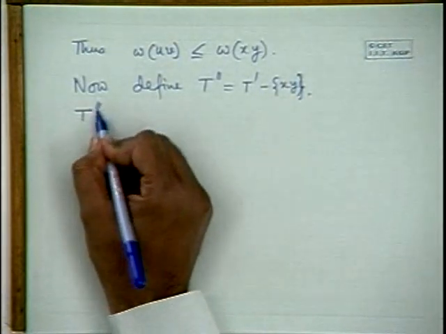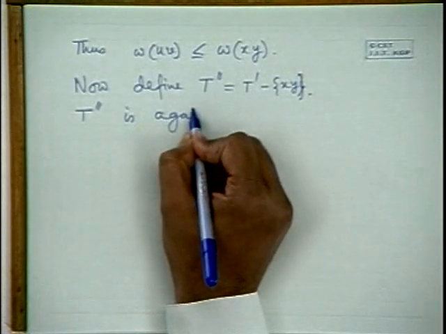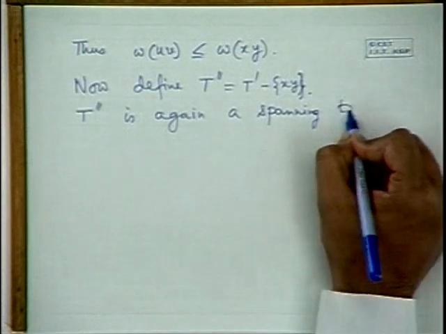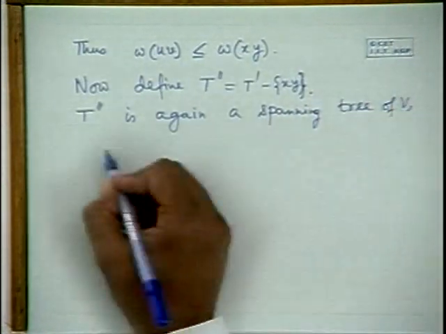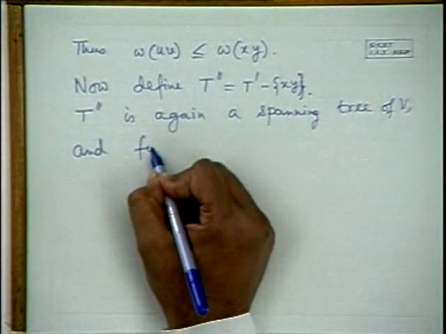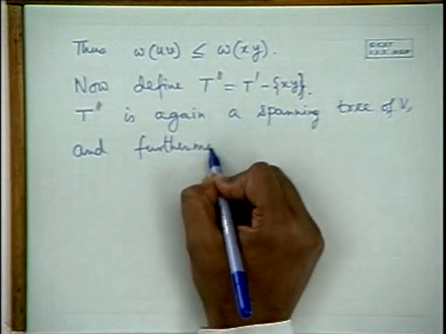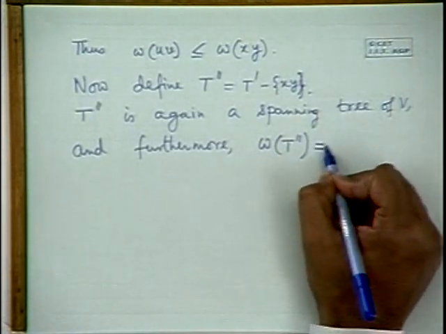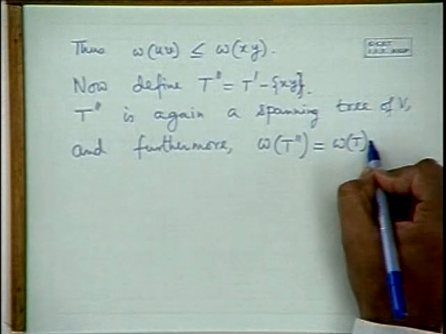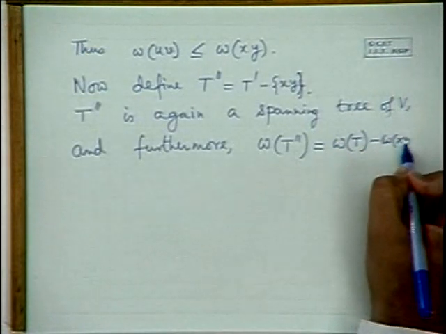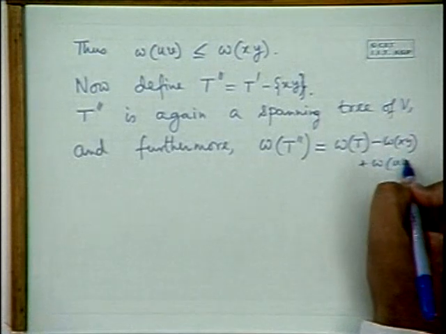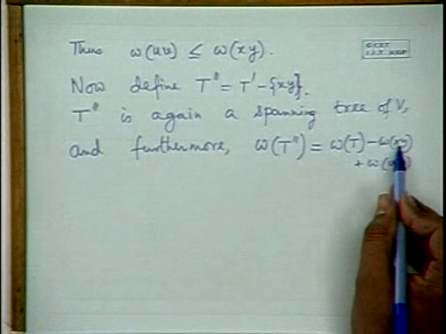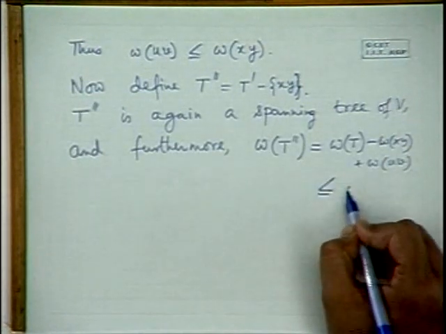Now T double prime is again a spanning tree of V, and furthermore the weight of T double prime is equal to W of T minus W of XY plus W of UV. But we know W of UV is less than or equal to W of XY. So this means this is less than or equal to W of T.